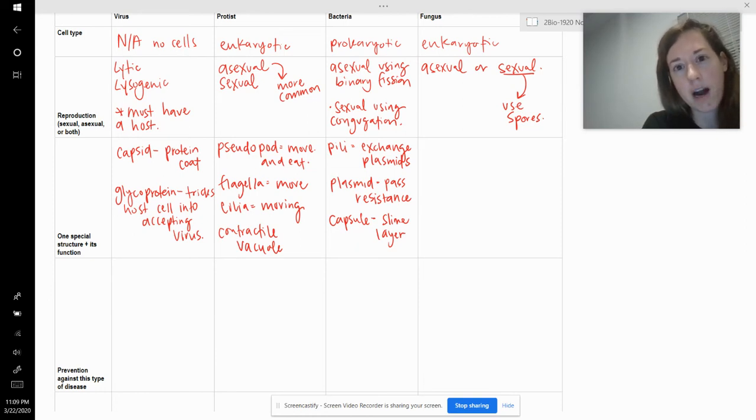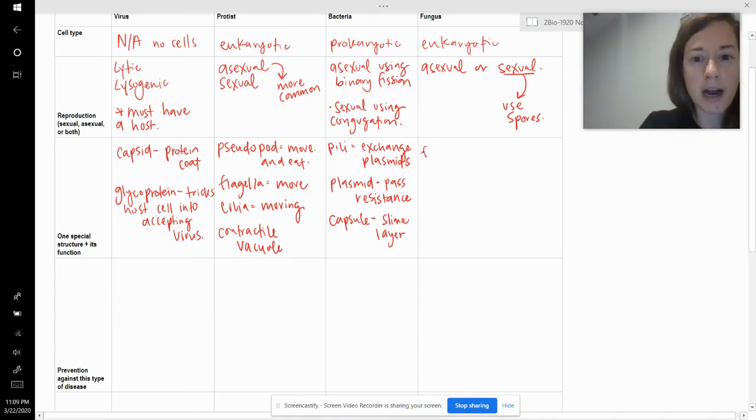For fungus, the main ones that we talked about are fruiting body, which releases spores. That's a mushroom. It's a fancy word for mushroom. Hyphae, which absorb nutrients.